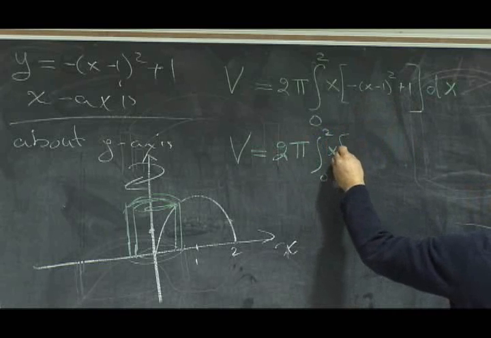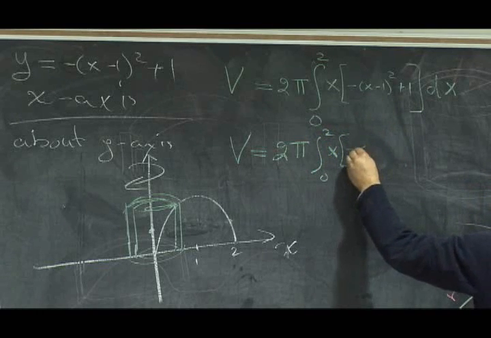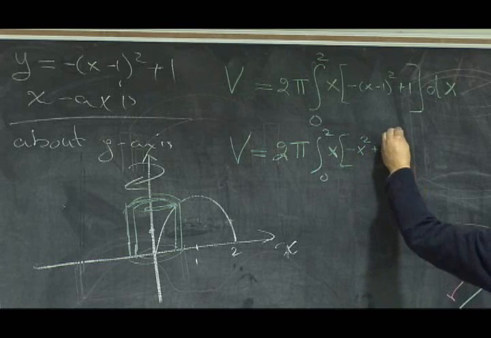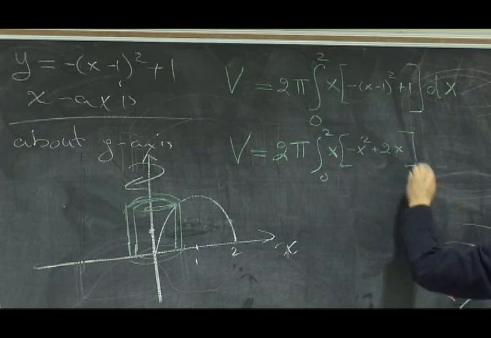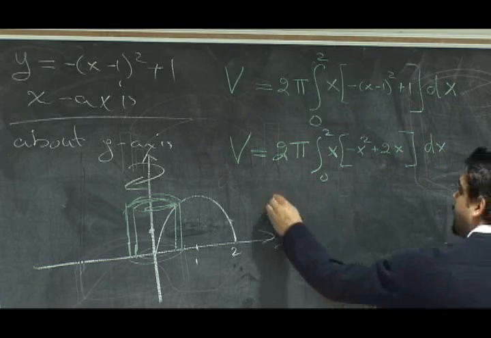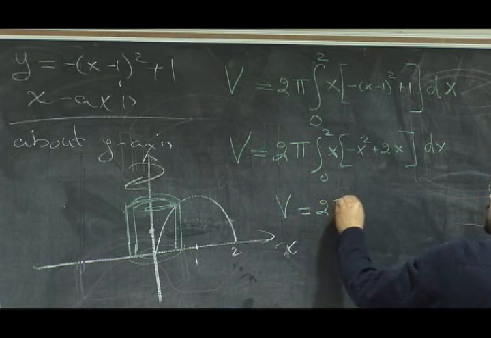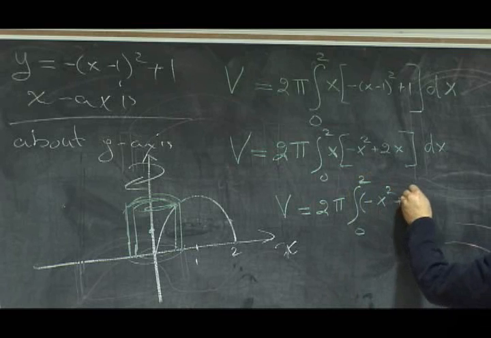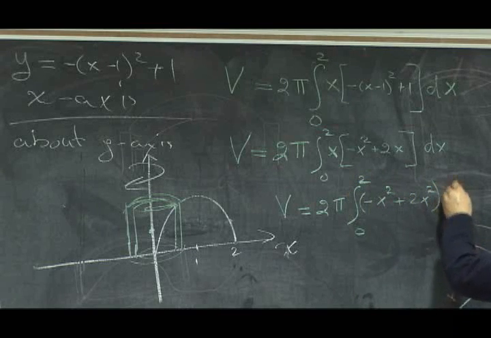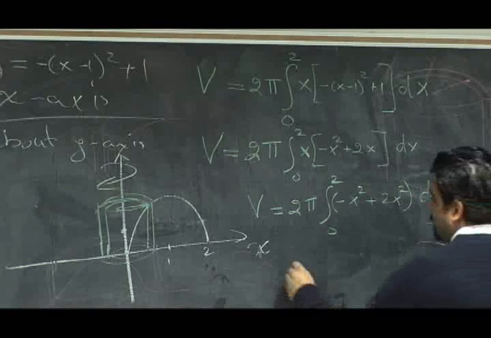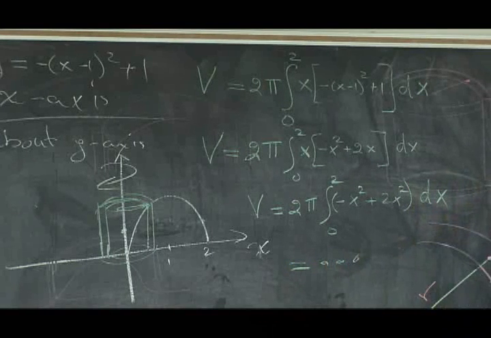If you multiply this out, then you get negative x squared plus 2x. And then if you multiply that by x, you get negative x cubed plus 2x squared. And then you can continue. This is a simple integral to get the volume.